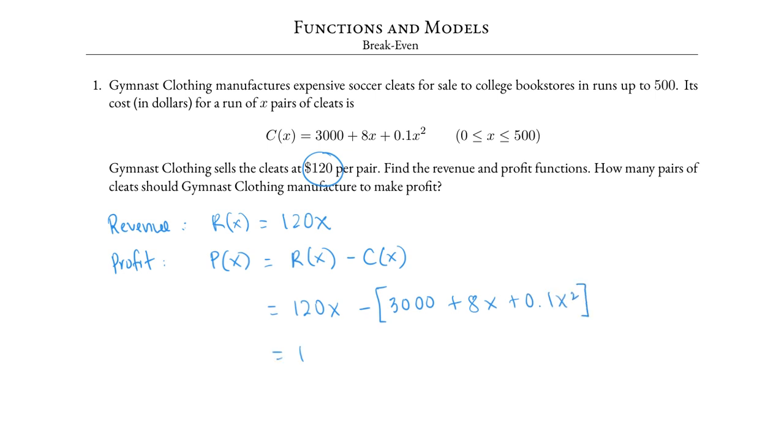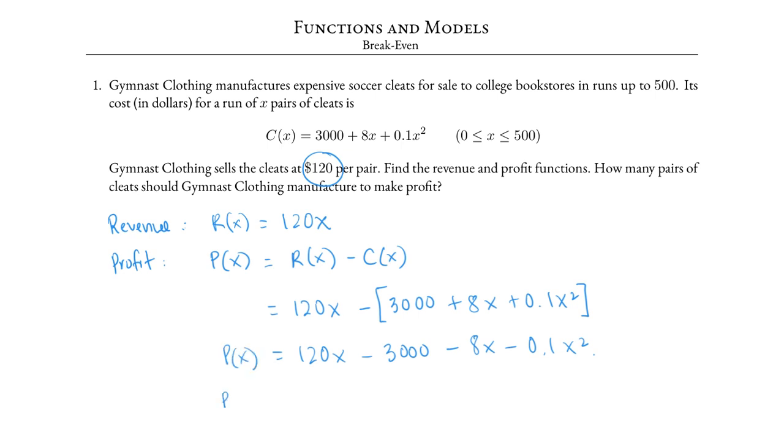We then distribute the negative sign to obtain 120x - 3000 - 8x - 0.1x². And this is the profit equation.